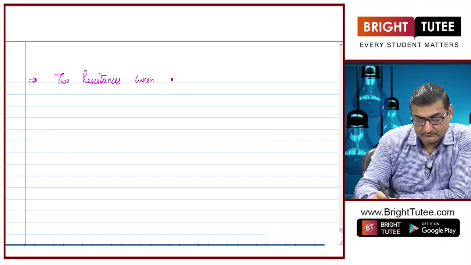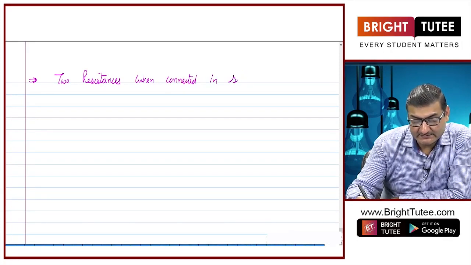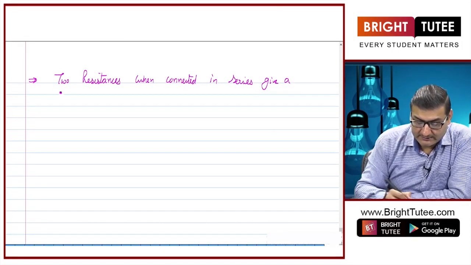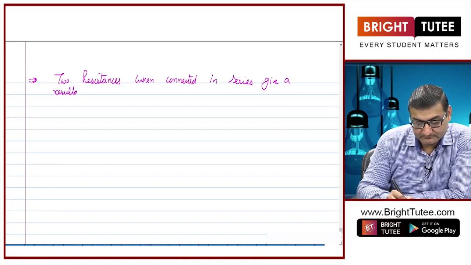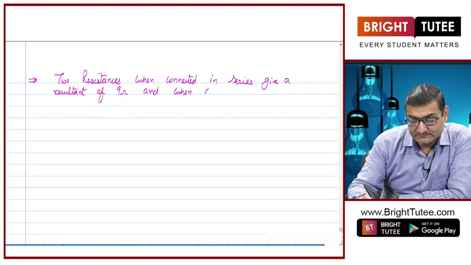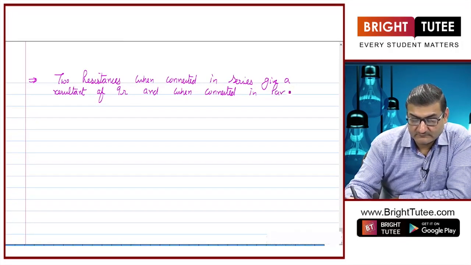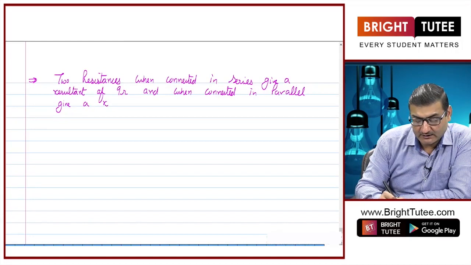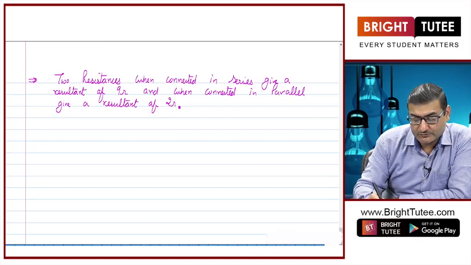Two resistances when connected in series give a resultant of 9 ohms, and when these two same resistances are connected in parallel, give a resultant of 2 ohms.